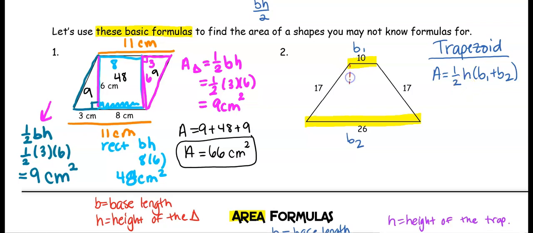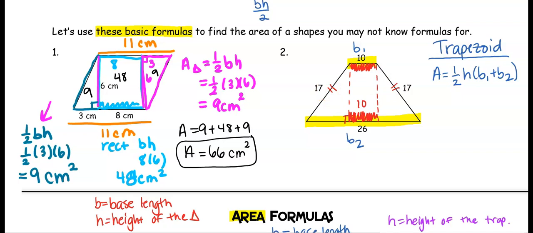But what I do know is that the height is going to run perpendicular to the base. And if I follow down this other side right here, if this is 10, then this has to be 10 as well. Not only is this a trapezoid, if I look over here, the legs are the same.